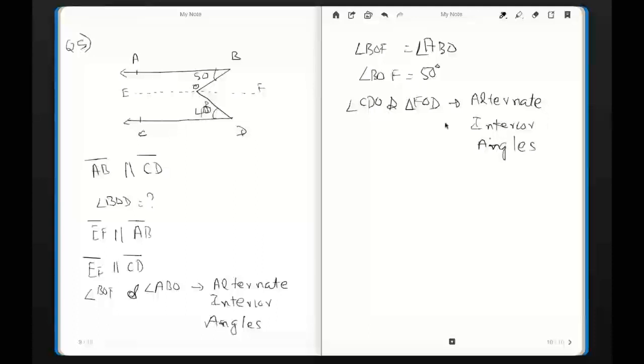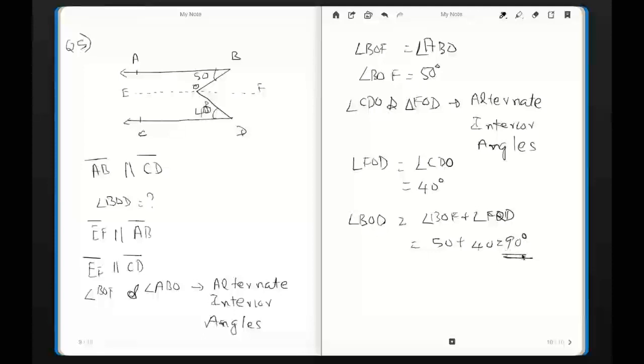So angle FOD is equal to angle CDO, which means FOD is also 40 degrees. And angle BOD is equal to angle BOF plus angle FOD, which is 50 degrees plus 40 degrees, which is 90 degrees.